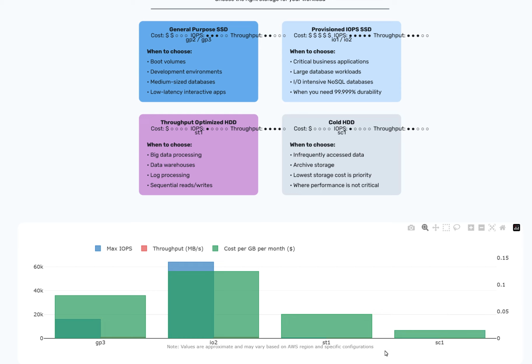That is throughput optimized hard disk drive and cold HDD drive, so both are the mechanical type. When you have general purpose SSD here, and then provisioned IOPS, they are the highest cost, as well as they give you better performance, right?